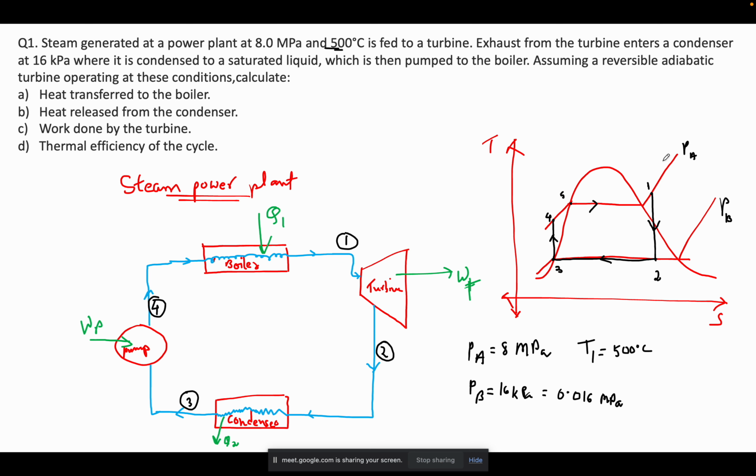This is a constant pressure line, so P1, P5, P4 are all equal to 8 megapascal, and this is another constant pressure level, so P2 and P3 are 0.016 megapascal. Is this clear now?